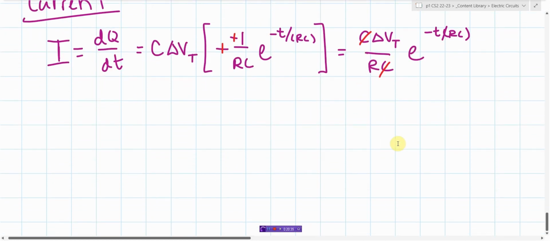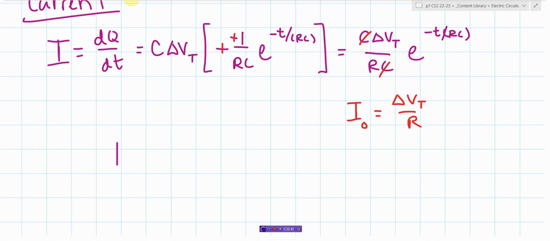The current that the circuit has when it's kind of ignoring that the capacitor even exists. I naught equals delta VT over R, which means that I, as a function of time, is initial current, delta VT over R, times e to the negative t over RC.